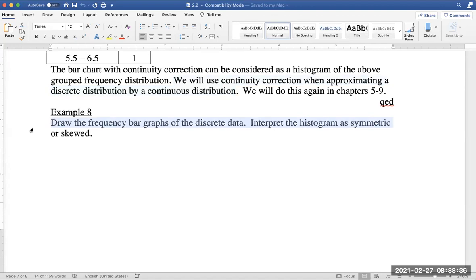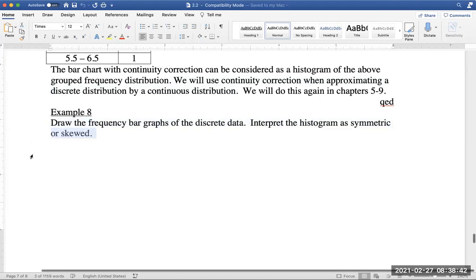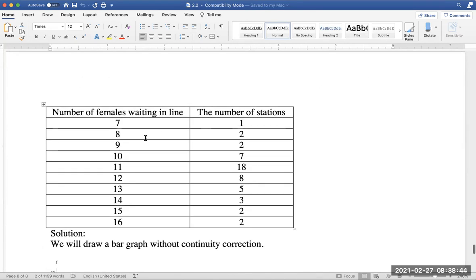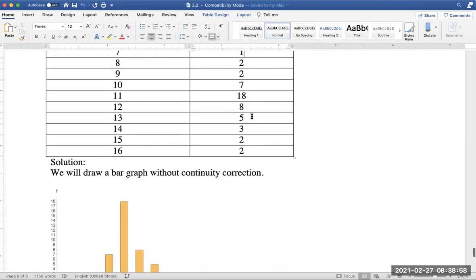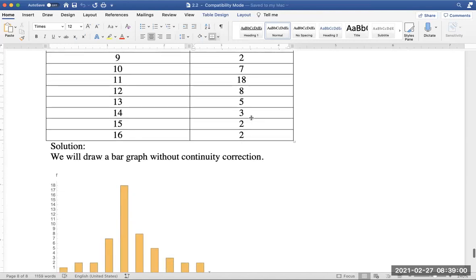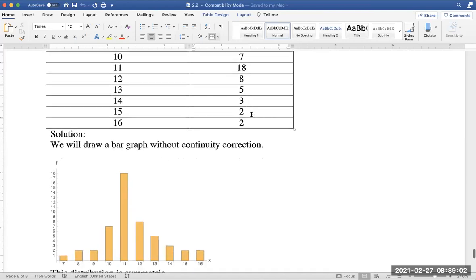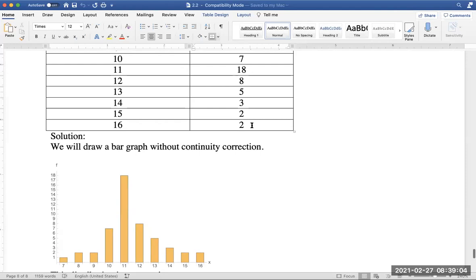So, draw a frequency bar graph of the discrete data, and interpret the histogram as symmetric or skewed. I have the following: 1 7, 2 8s, 2 9s, 7 10s, 18 11s, 8 12s, 5 13s, 3 14s, 2 15s, and 2 16s.